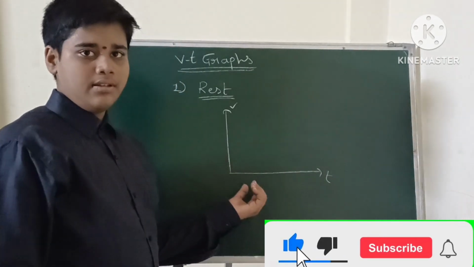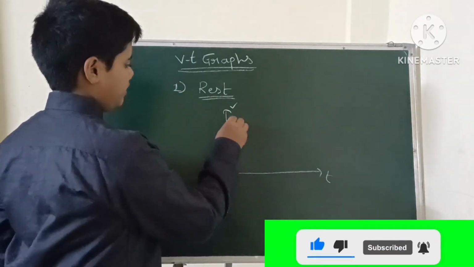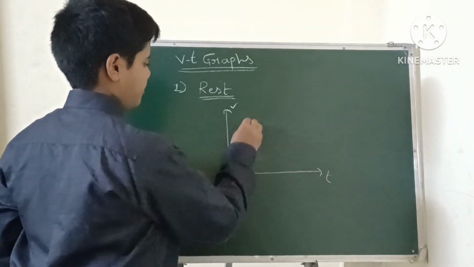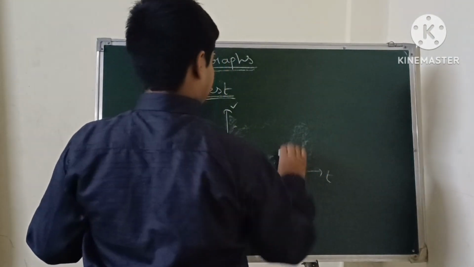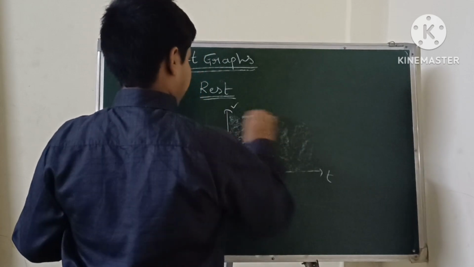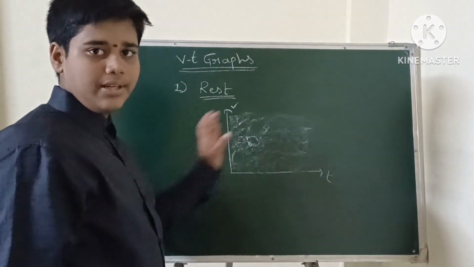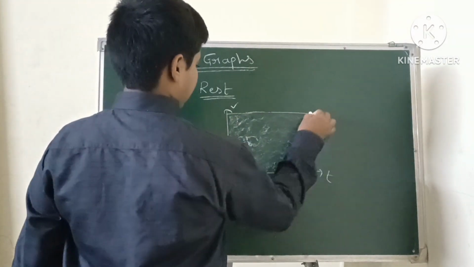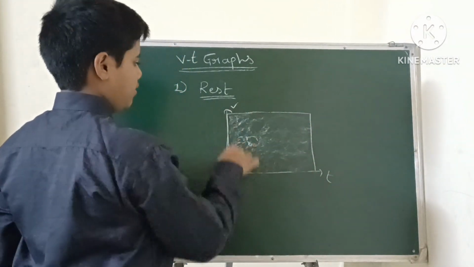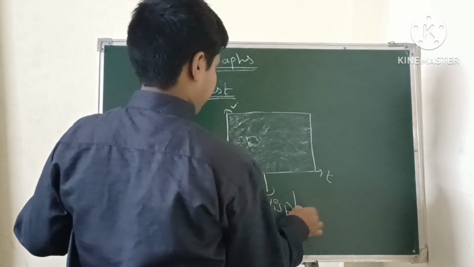There are no lines, so we can say this is rest. Where I am shading, that part is also rest. This full part is rest, and the shaded part also says displacement.